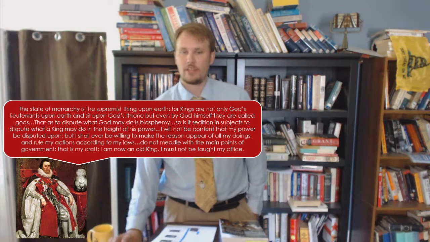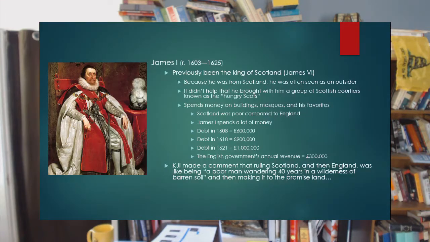So this divine right of kings, the Stuart dynasty really believes in that. Now, James I is often seen as an outsider. He's from Scotland. When he came to England, he brought a bunch of courtiers with him. They get nicknamed the Hungry Scots because they're always eating up the money of England. He spends a lot of money on buildings, on masques, which are parties, and on his favorite courtiers.